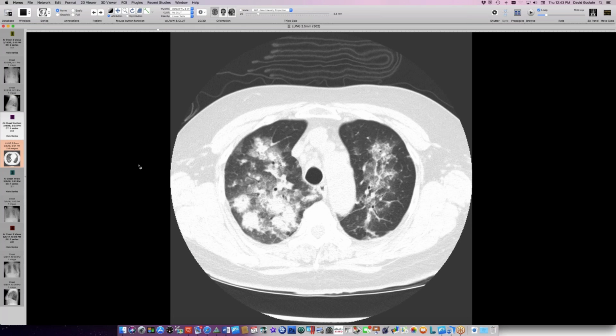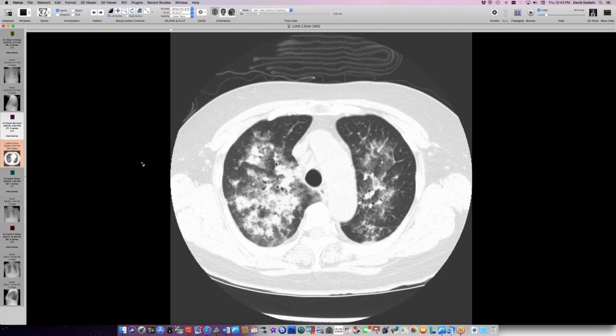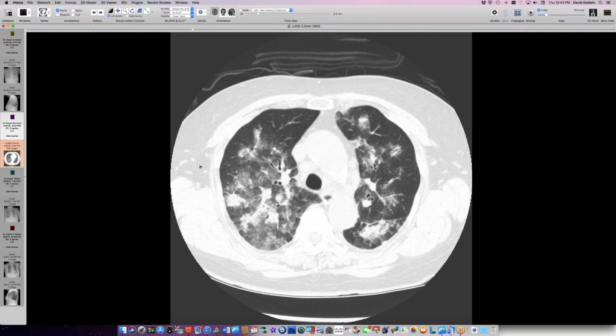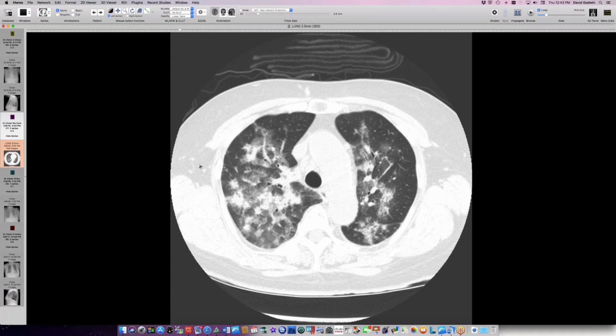The day after the person presented with their respiratory problems, the skin lesions developed, some purplish skin lesions all over the place. People were thinking about the possibility of fungal infection. Those were biopsied, and they found that this was an eosinophilic vasculitis in her skin.